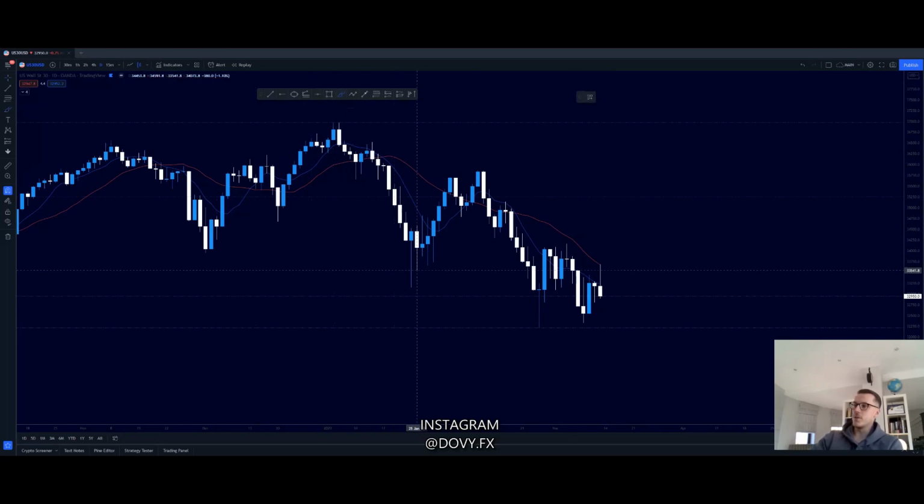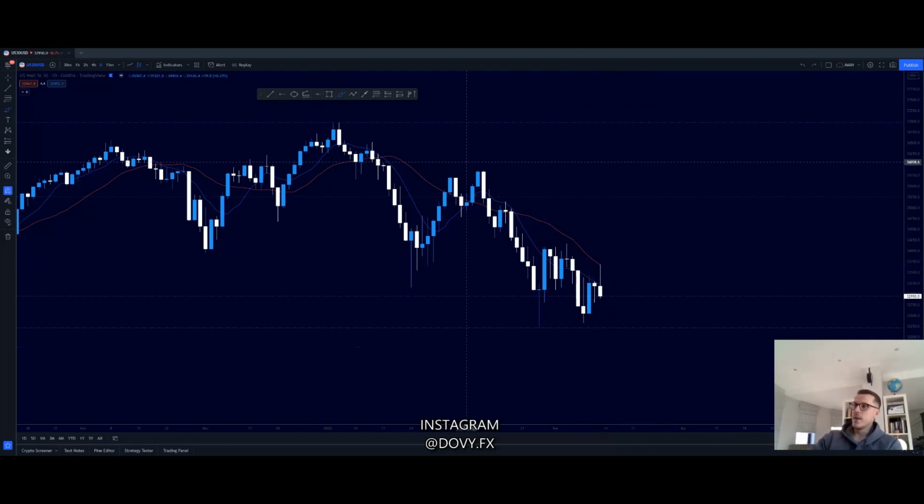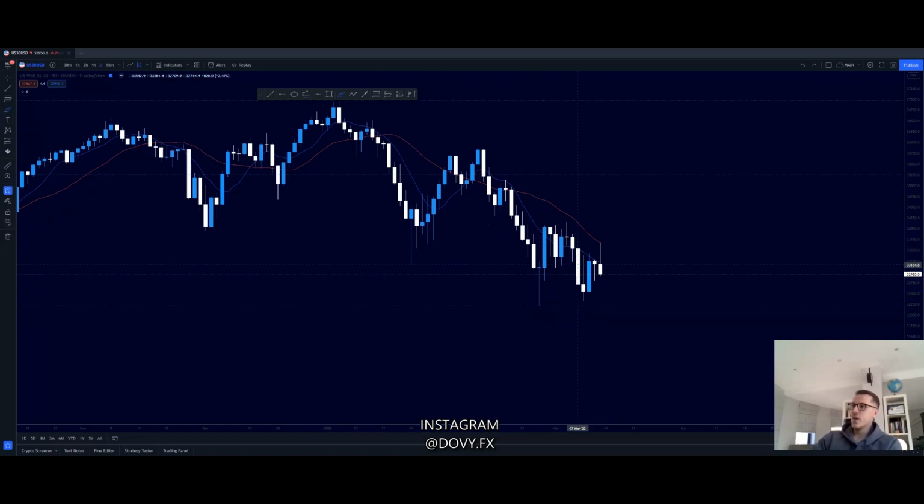So obviously we have lower lows, lower highs, lower lows, lower highs, lower lows, and possibly a lower high before another low. And I'm going to show you later on where my targets could be. So overall bias on the daily time frame is clearly bearish. We have rejections of the 20 moving average, and rejections of the 20 moving average on the daily time frame.